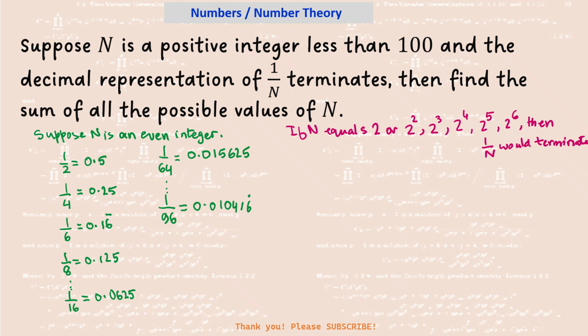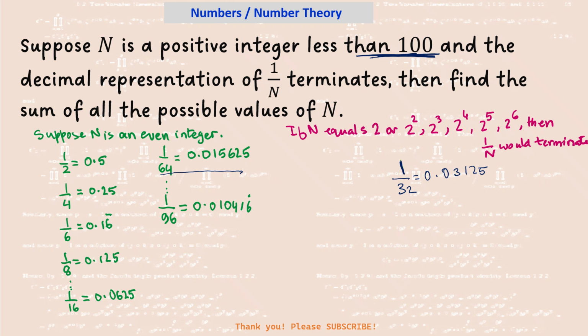So if you did 2 to the power 5, that would be 1 out of 32, and 1 out of 32 would be 0.03125. And if we did 1 out of 64 already, we can't go beyond because we've only been asked to find numbers that are less than 100, so we don't go beyond.